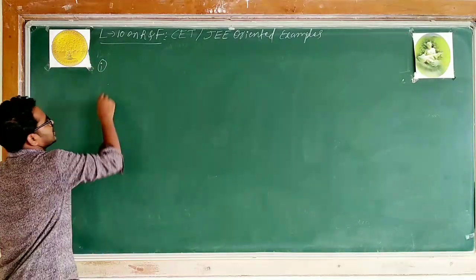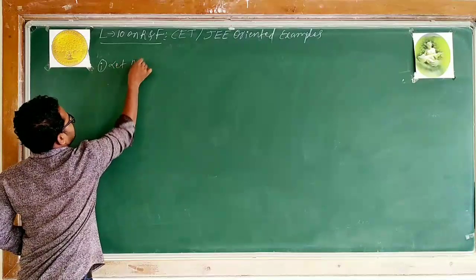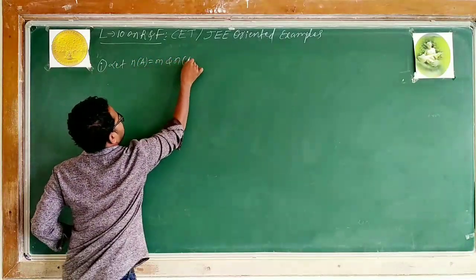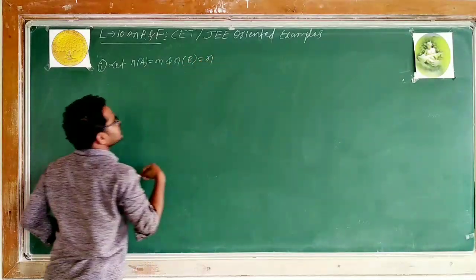First one, let n of A have m elements and n of B have n elements.